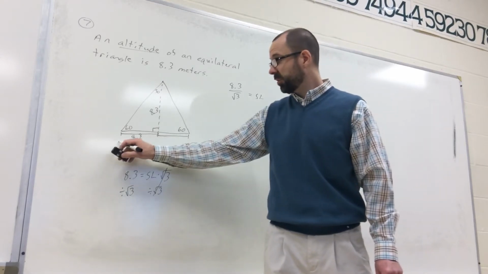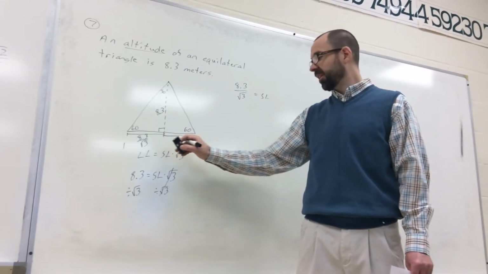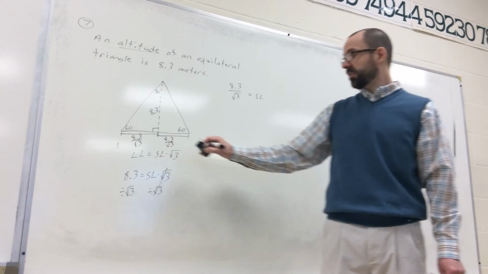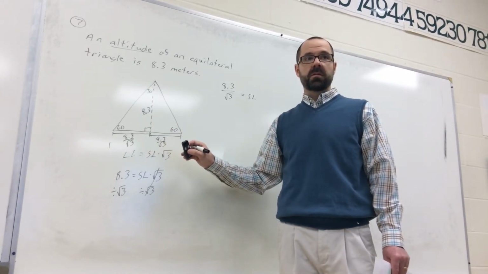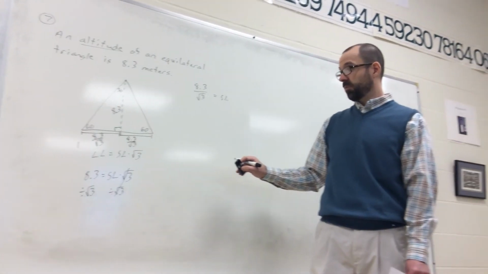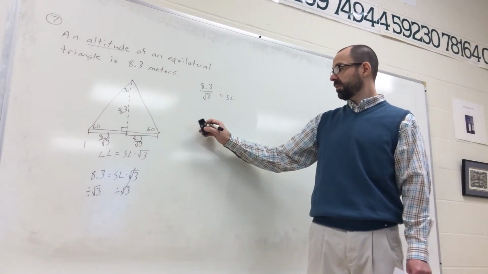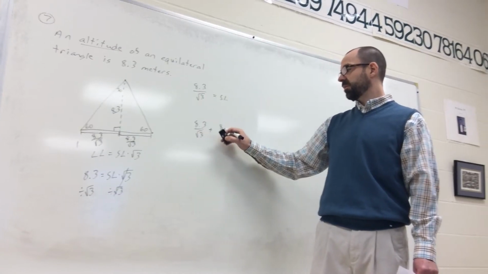Well, that's how far it is from here all the way to there. But from here to here, it's just 8.3 divided by the square root of 3. But yeah, you have the right idea. So that's 8.3 divided by the square root of 3. And so what he was saying was from here to here is 8.3 divided by the square root of 3 plus itself.